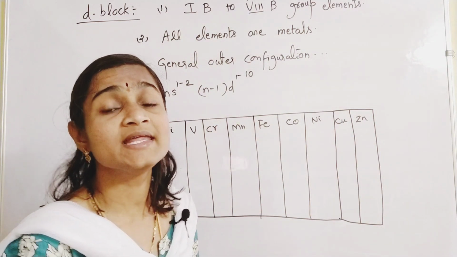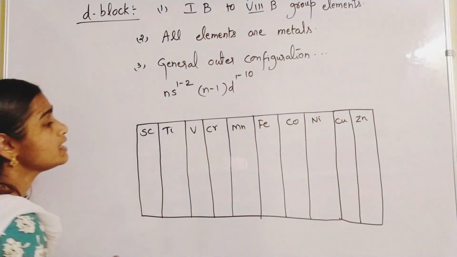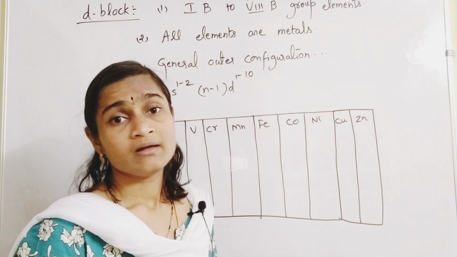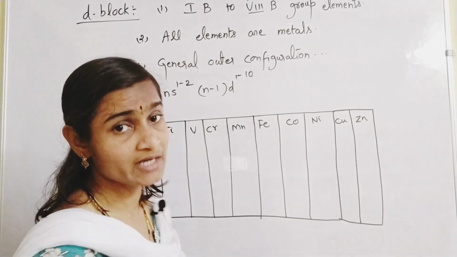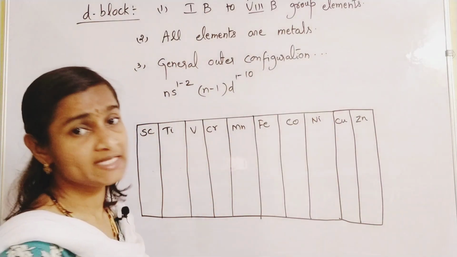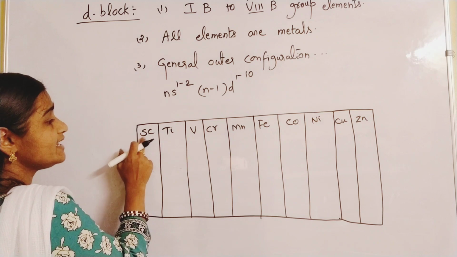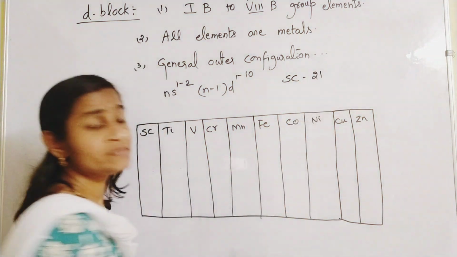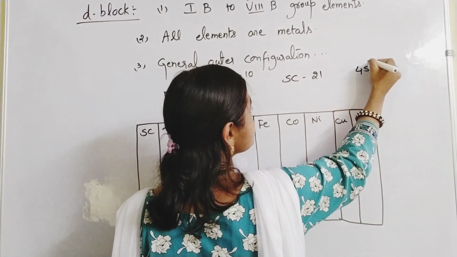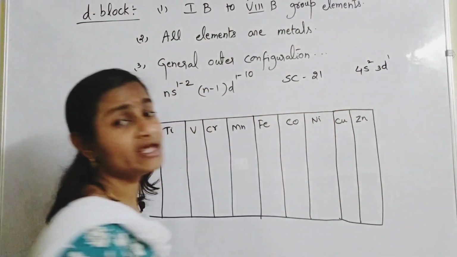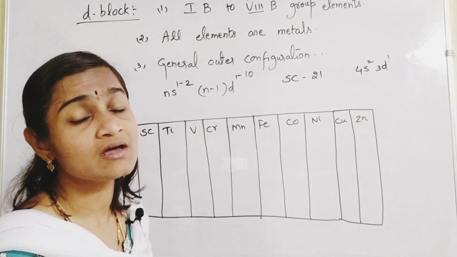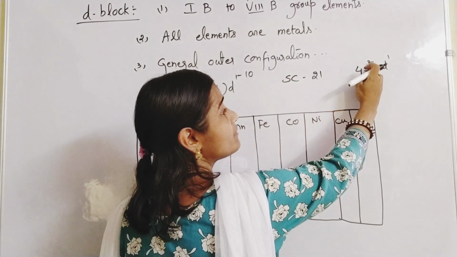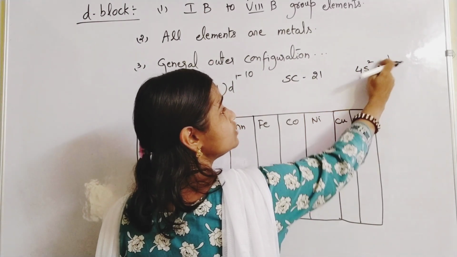So if you speak about these, these all are elements of category B that we have learnt. Based on the valence shell electrons, they have been classified. So scandium, atomic number is 21 and it has 4s2 3d1. Its last orbit configuration is 4s2 3d1. So here if you speak about group, you should add these two numbers.